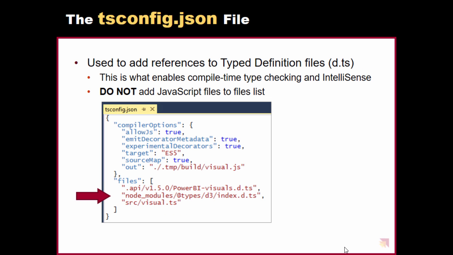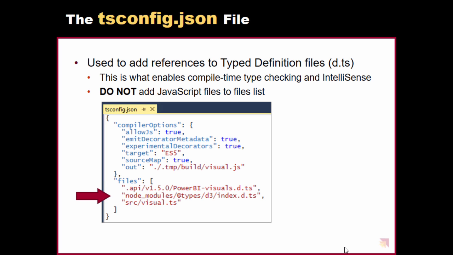Now, in addition, there is a tsconfig.json file. And this influences the TypeScript compiler. And as you add type definition files, what you need to be able to do is update the files list inside of tsconfig with your d.ts files. And this is what enables compile time type checking and IntelliSense.